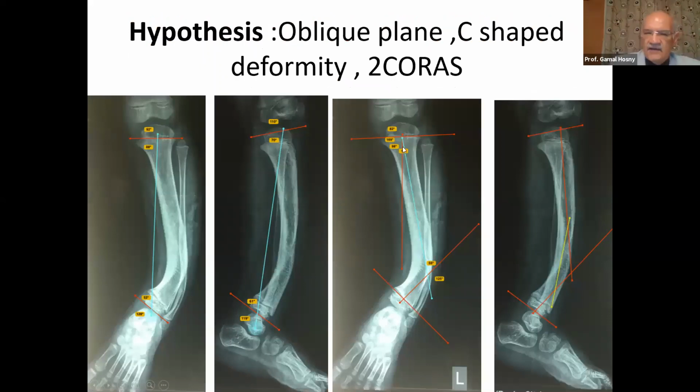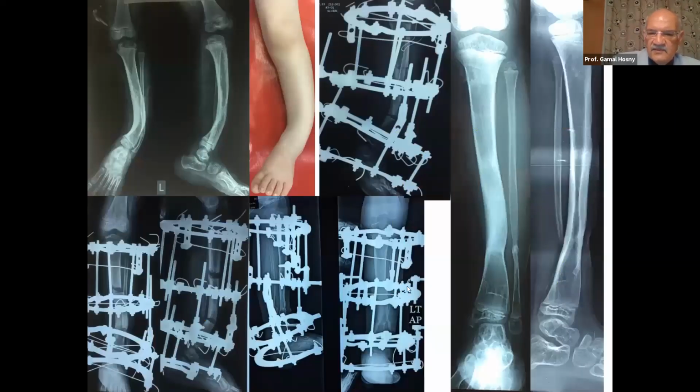So we have the proximal axis, distal axis, they are going to meet outside the bone. So we draw a third line. So we are going to have two CORAs, a proximal CORA and a distal CORA. So we did two osteotomies, and from the two osteotomies, we correct the deformity and we do lengthening.